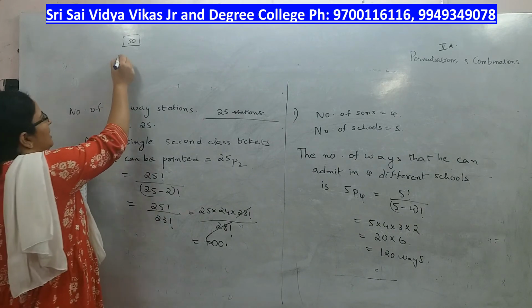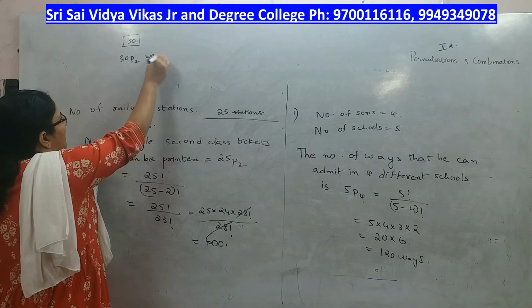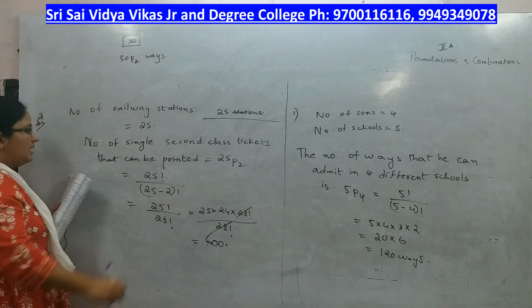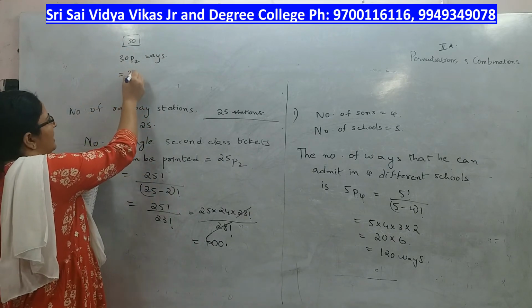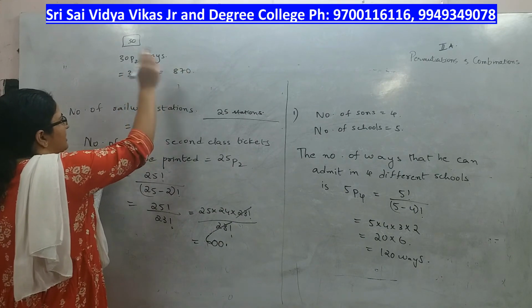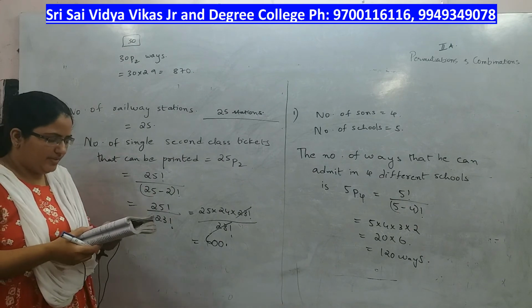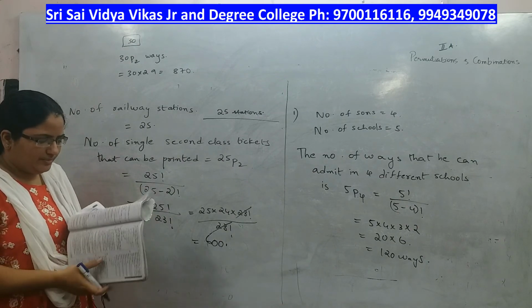That can be done in 30P2 ways. 30P2 is 30 into 29, which is 870 ways. Okay.